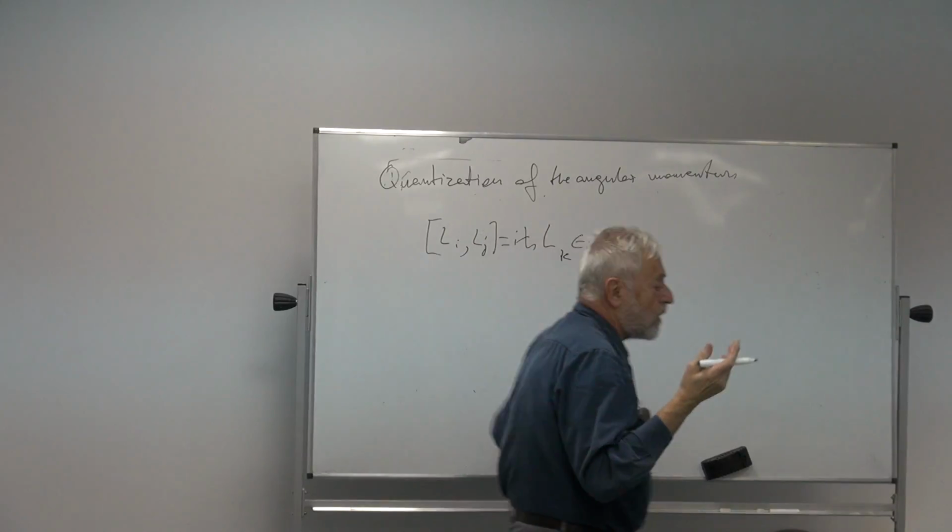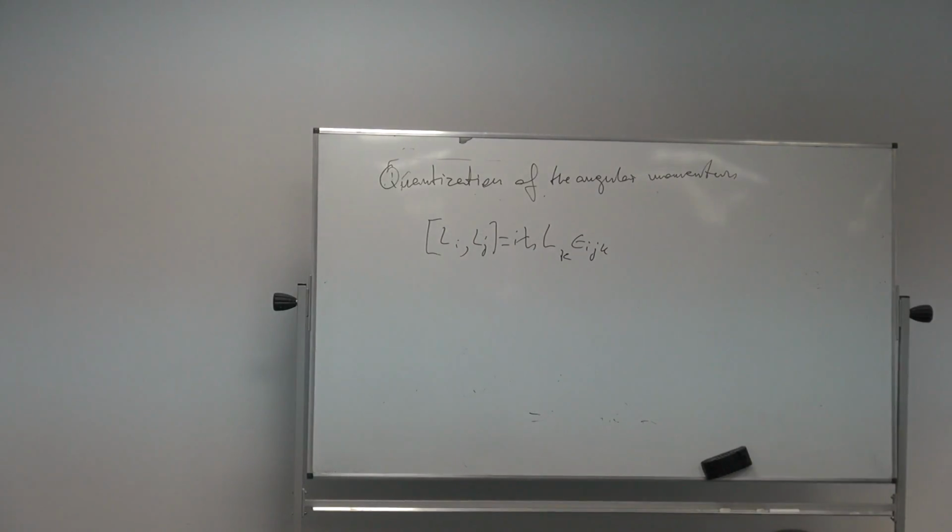And then remembering what we know about simultaneous diagonalization of various operators, that they can be simultaneously diagonalized if and only if they commute, we see that there is no way that we could find common eigenbases of eigenvectors of two components, because two components do not commute to the third component.